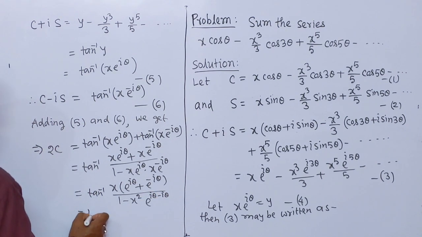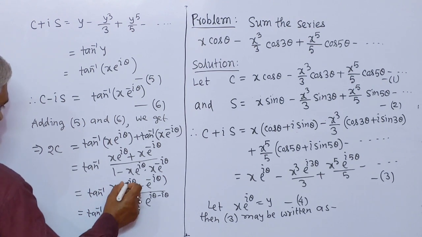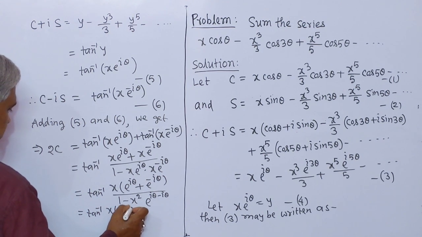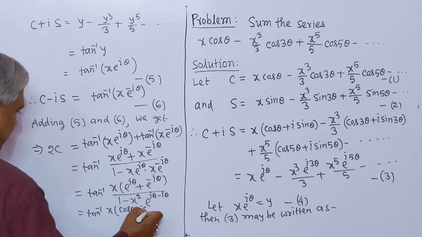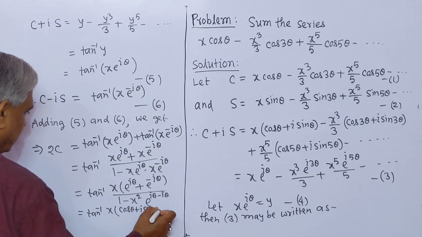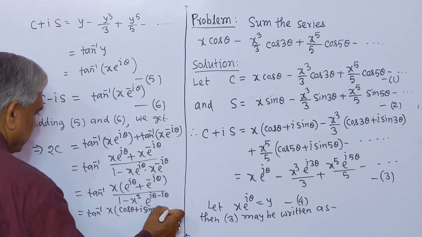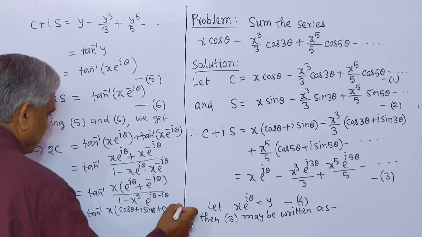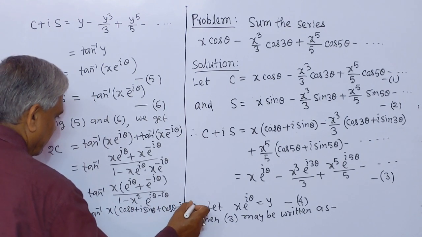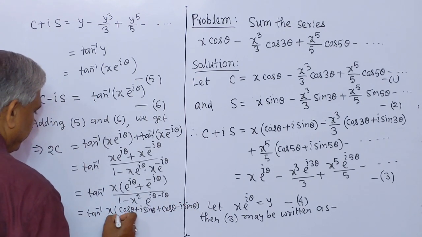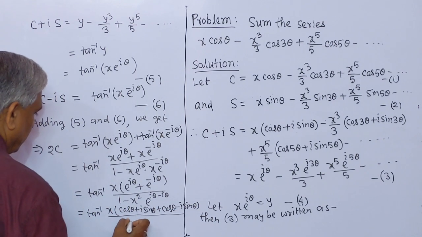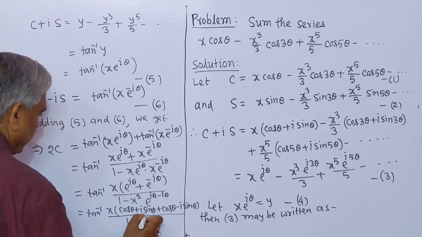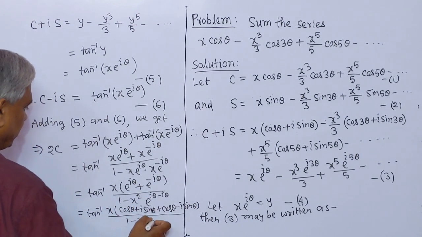This is equal to tan inverse x times cos theta plus i sin theta plus cos theta minus i sin theta, by 1 minus x square e to the power 0, which is 1.